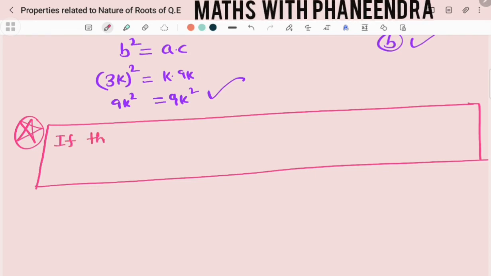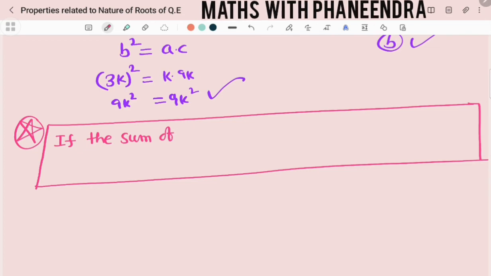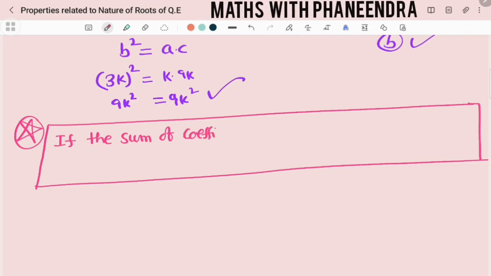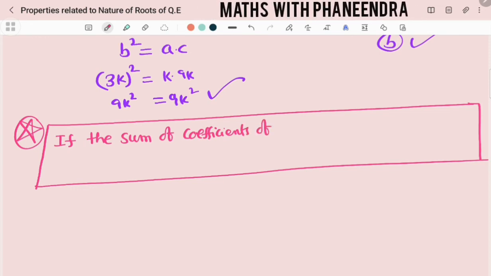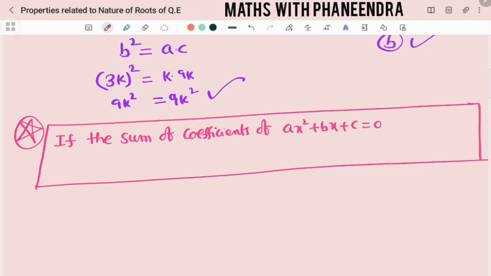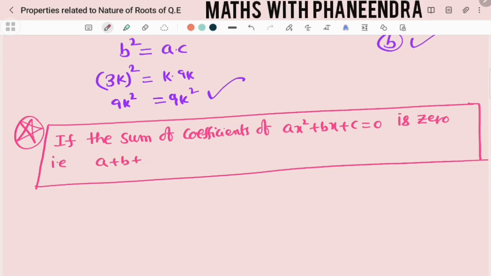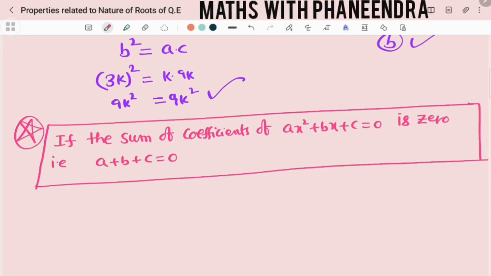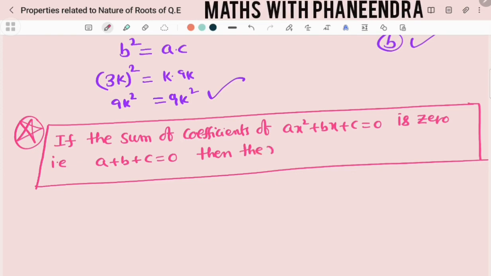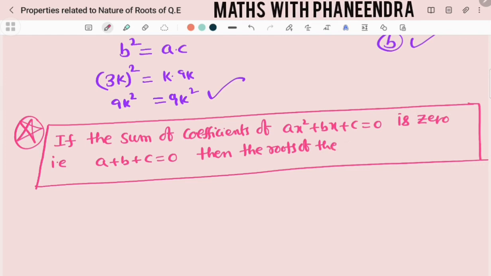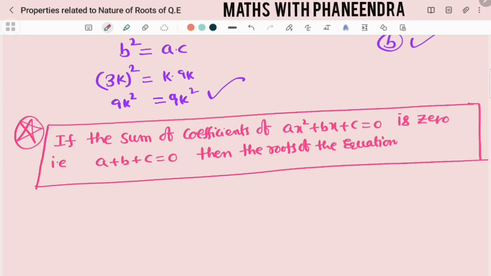If the sum of the coefficients of ax square plus bx plus c equal to 0 is 0, that is a plus b plus c equal to 0, then the roots of the equation are 1 comma c by a.